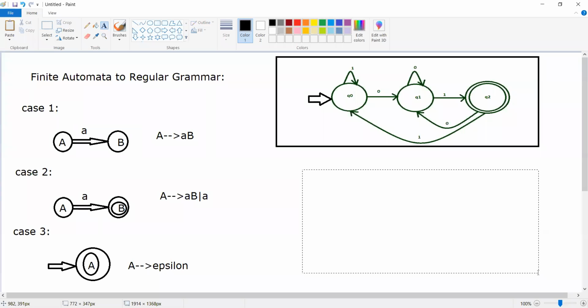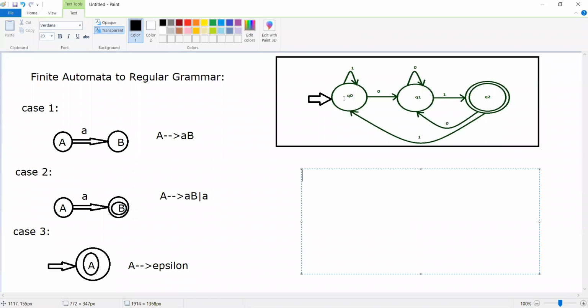Our initial state is Q0. Instead of using Q0, Q1 and Q2, first I am going to rename them as A, B and C, so that it becomes very easy for us to tackle the regular grammar.